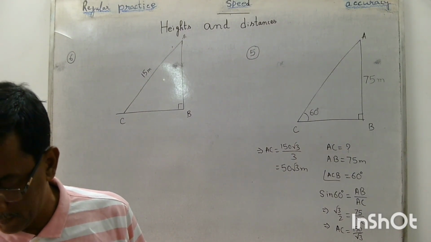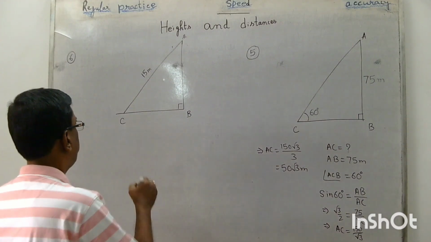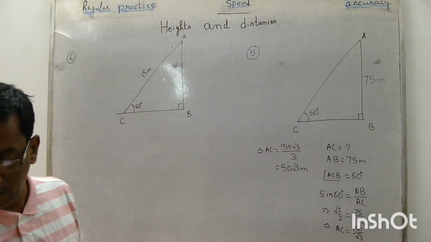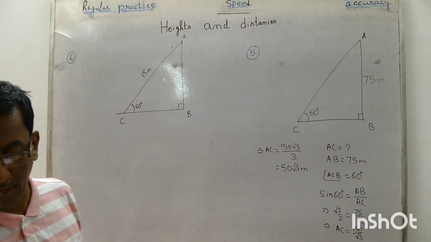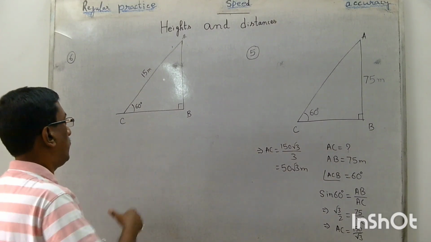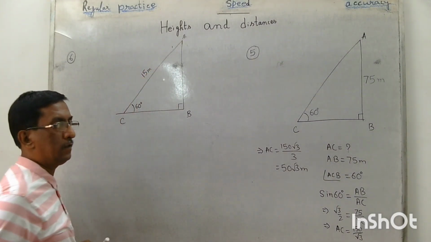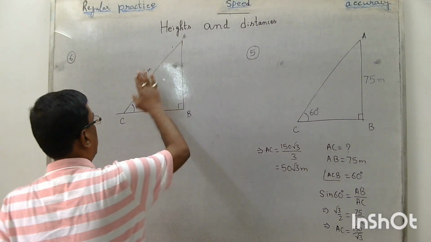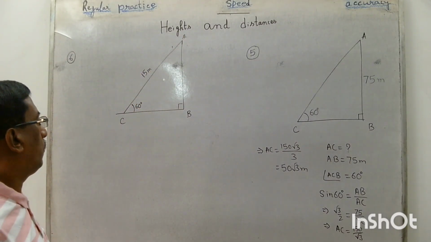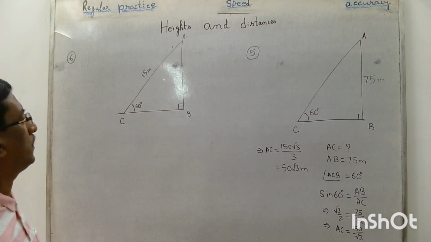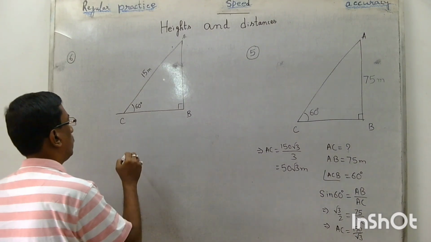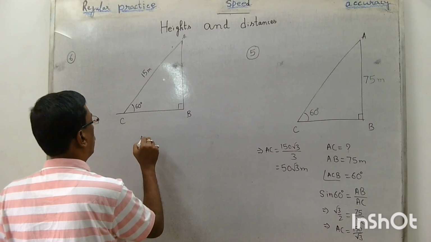If the ladder makes an angle of 60 degree with the wall, then find the height of the wall. So this AC is the ladder, and this ladder is leaning against a wall which is AB. We have to find the height of the wall, that means AB. So we have to find AB.